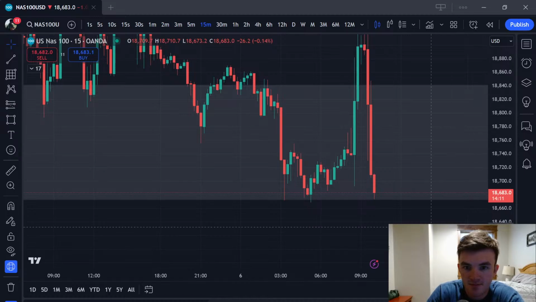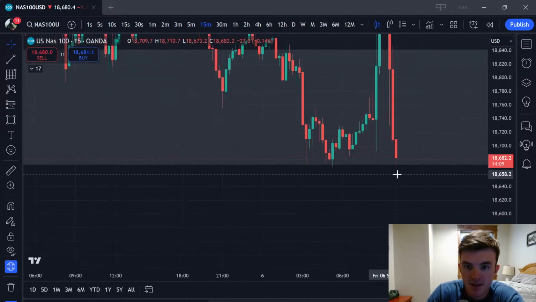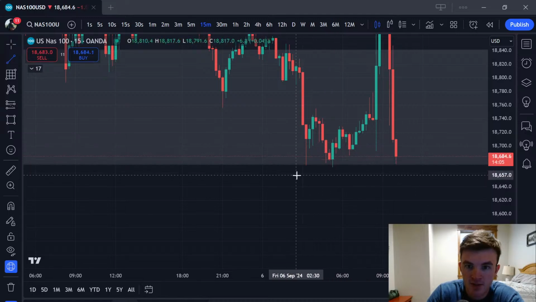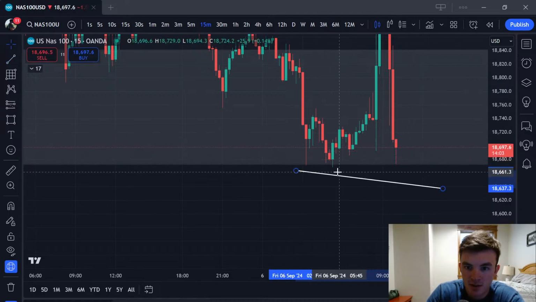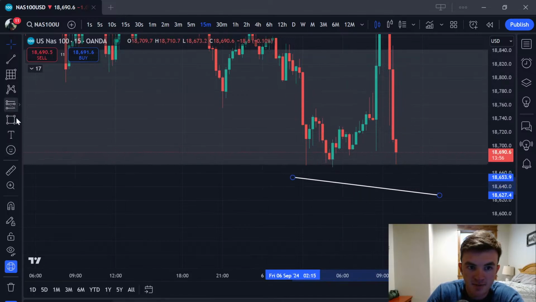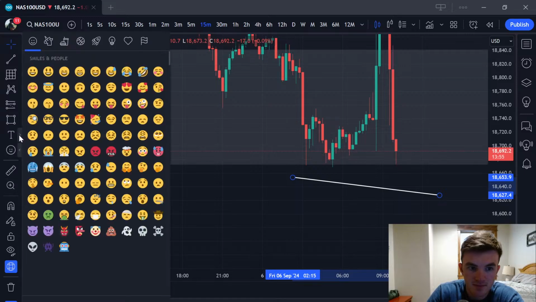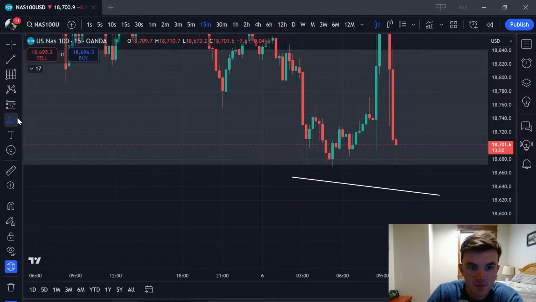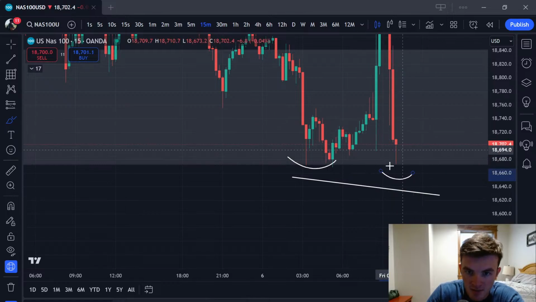And then there's this low, and then possibly, if this forms a lower low, you'll have a higher low. You'll have a higher low, and you'll have a lower low. Hypothetically, if it comes down and makes a lower low.